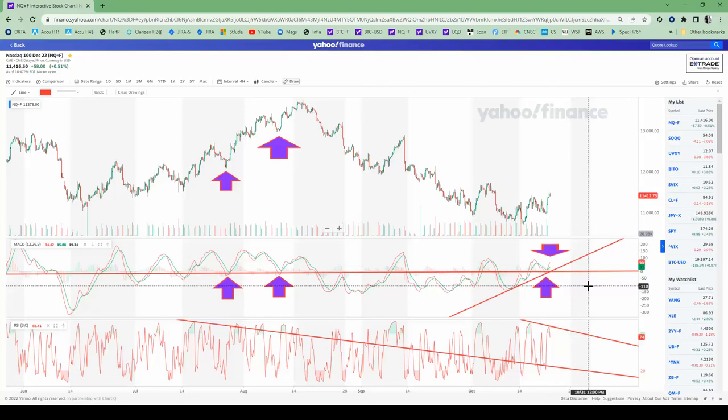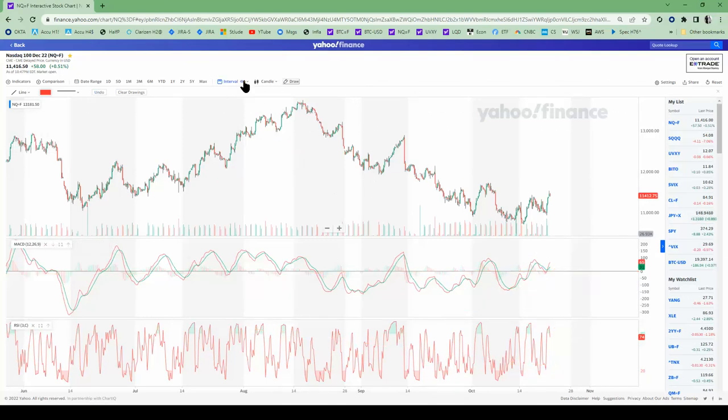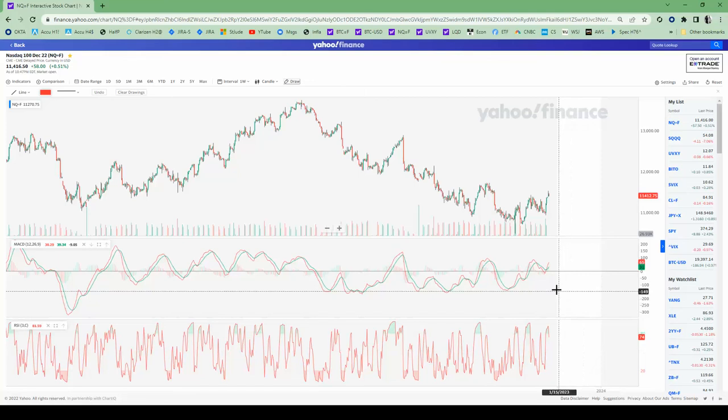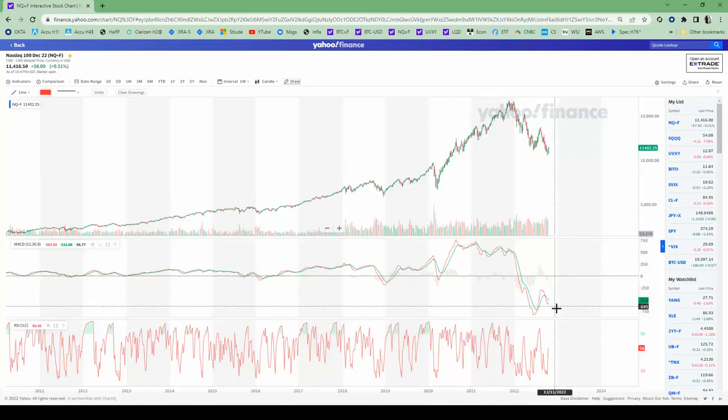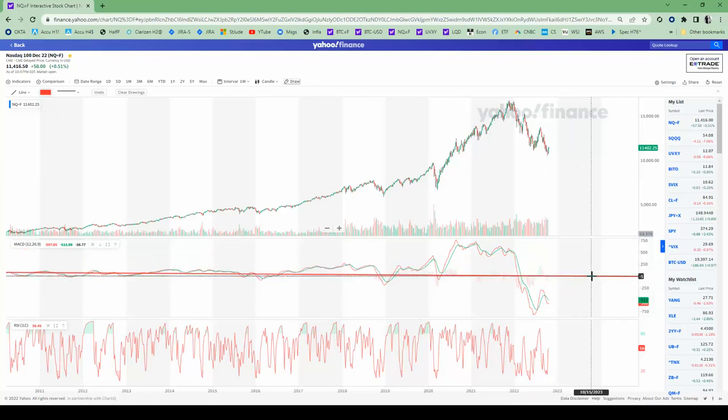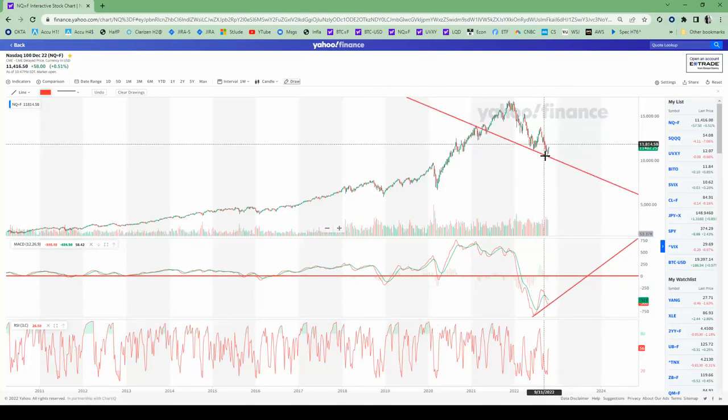But I do want to emphasize, as I did showing, let's clear all this. Let's go back to the weekly. Yes, the 1 week. As you see here, the 1 week is clearly below the zero line on the MACD, although it is good news showing positive divergence, even though that is going down.